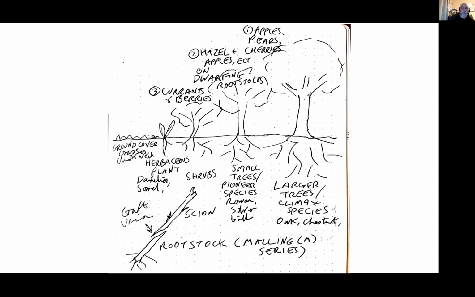And our next layer will be our currants and berries, things like gooseberries, blackcurrants, those sorts of things.